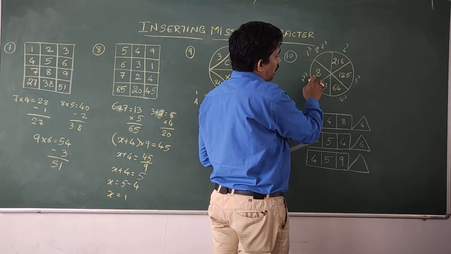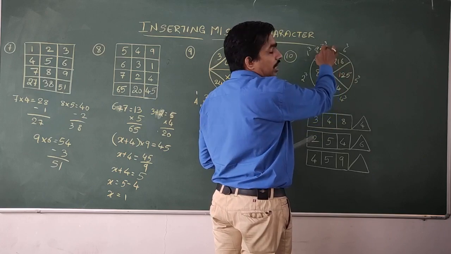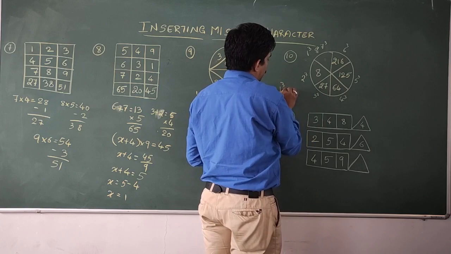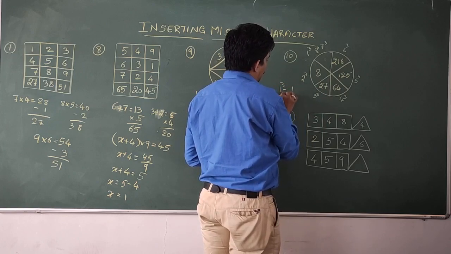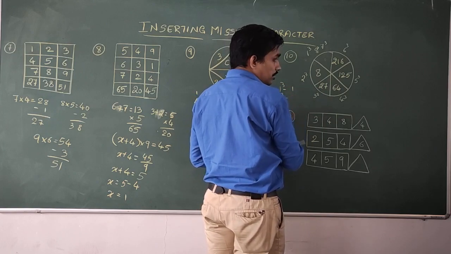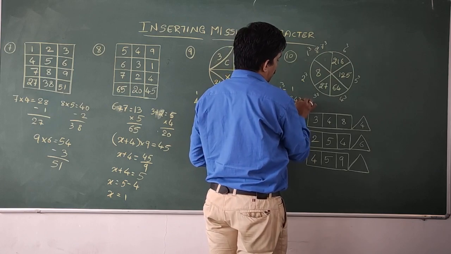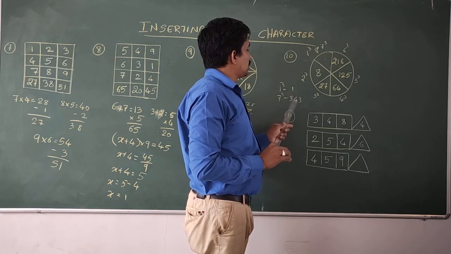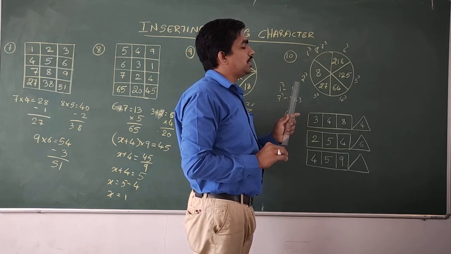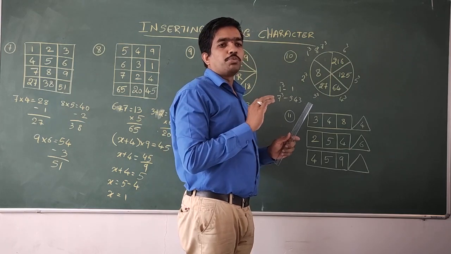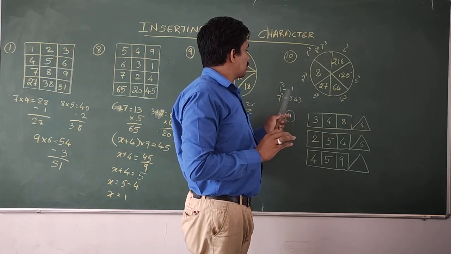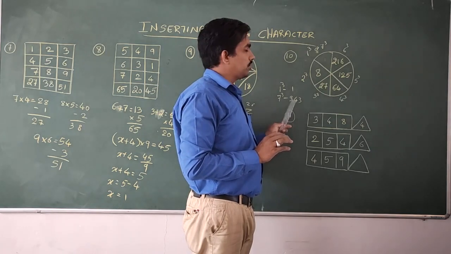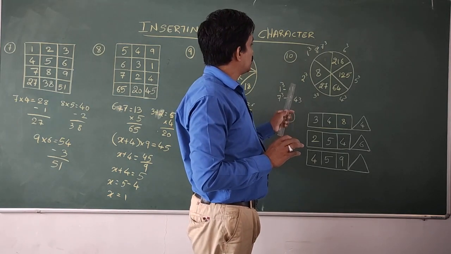Or we will start from 8 and we will continue with this series, and it will be 7 cube. So 1 cube is 1 and 7 cube is how much? 7 cube? 343. So these two answers we are getting here, but the answer of this question totally depends on the options they are giving you. So they will give this or this in the option. Both they can't give. Okay. So this is our 10th question.